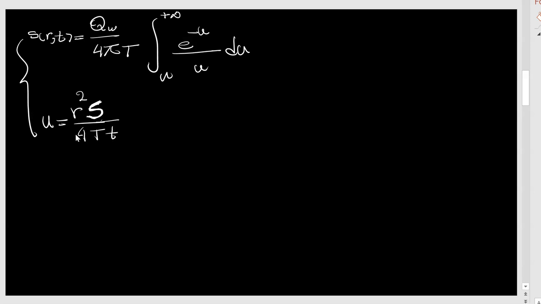So u itself is a function of time and r. This was the analytical solution, or closed form solution, for that radial problem that we had.